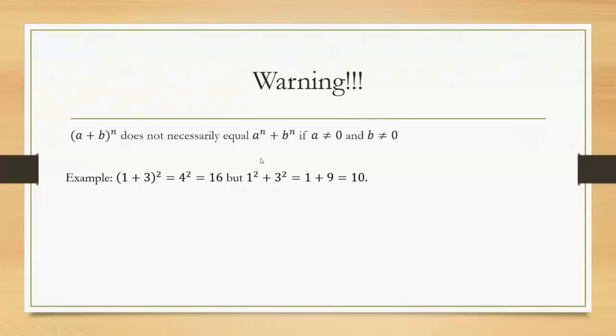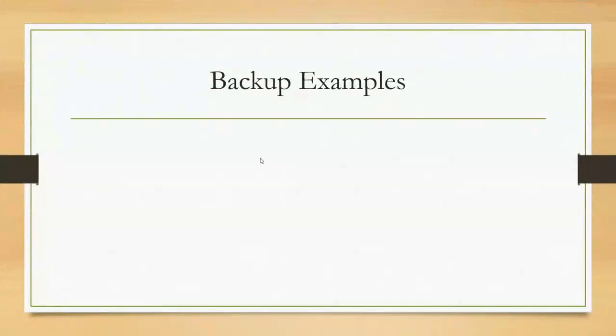I could do another backup example, but let me just see. I did throw in some backup examples, I figured it wouldn't hurt. This is just one example with one of the previous slides. If you have 10/9 cubed, that's the same as 10 cubed over 9 cubed, which turns out to equal this. 10 cubed is 1,000, 9 cubed is 729.